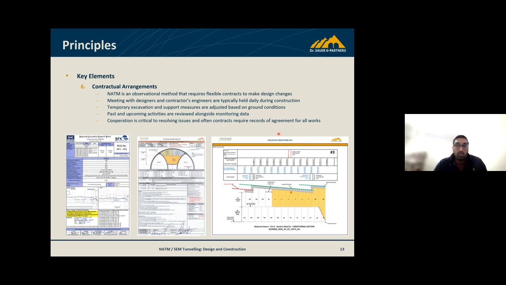So for that to work, cooperation with the designers, contractors, and the owners is quite critical to resolving issues, and often the contracts have to be written and agreed like that.